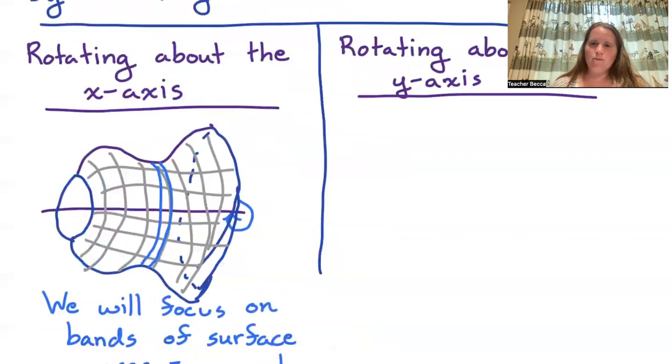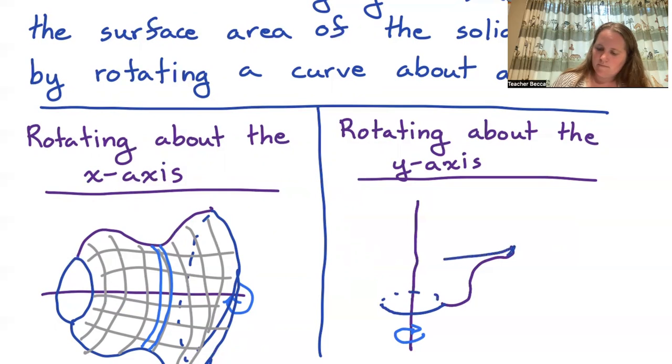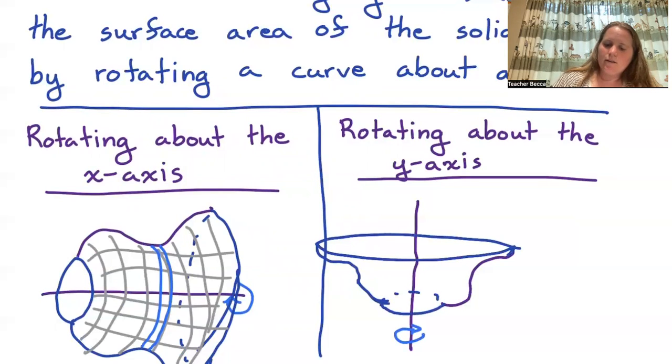So we will now mirror this with rotating about the y-axis. In this case, to rotate about the y-axis, again, we're just focusing on the outside of the shape. I'm just drawing a rotational solid about the y-axis.